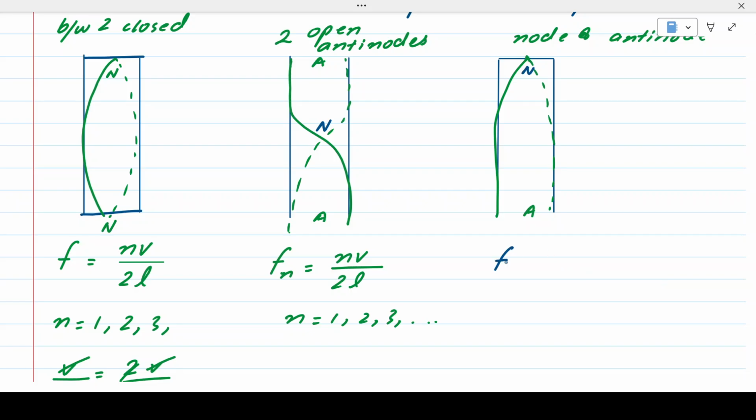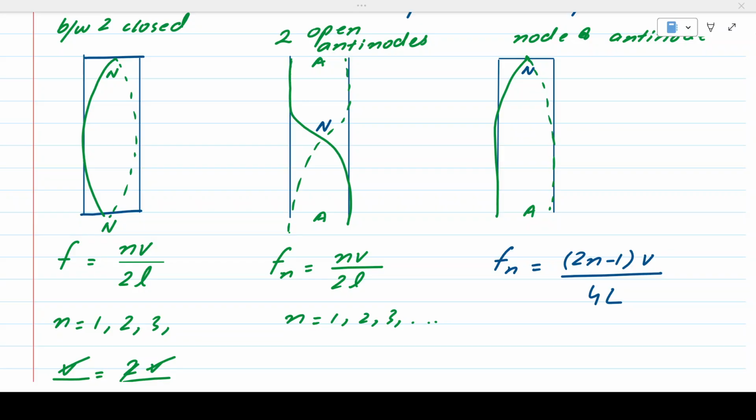If you need to find the frequency of any harmonic of this case, you can use the formula (2n minus 1)v over 4L. So for example, for the first one, the value of n should be 1.